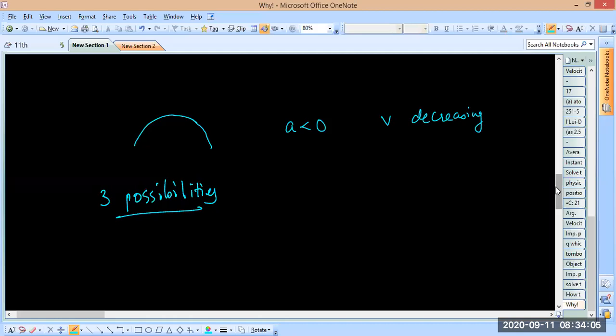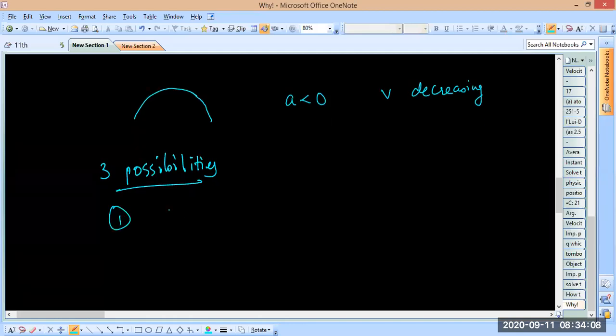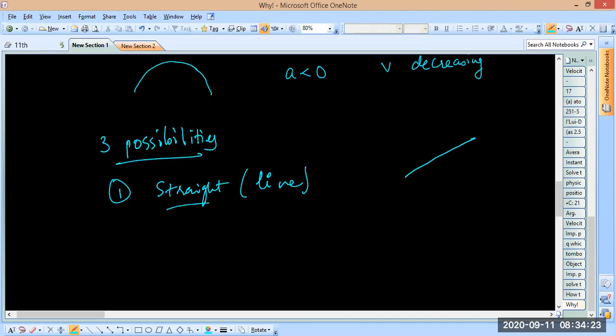Which 3 possibilities? First, it's straight. That is, it's a line. Every straight thing is a line. Don't forget that. So it might be a line like this, maybe going up, maybe going down. That's different. It's straight. No curve. I think you understand when I write no curve, right?